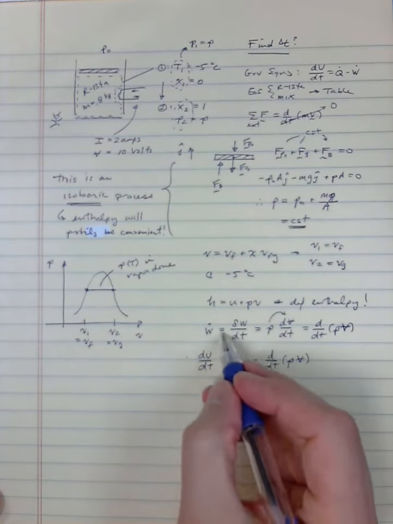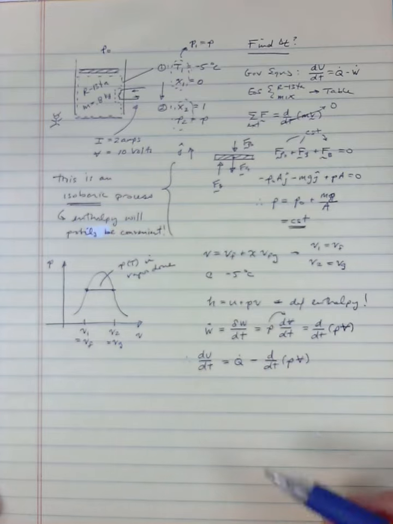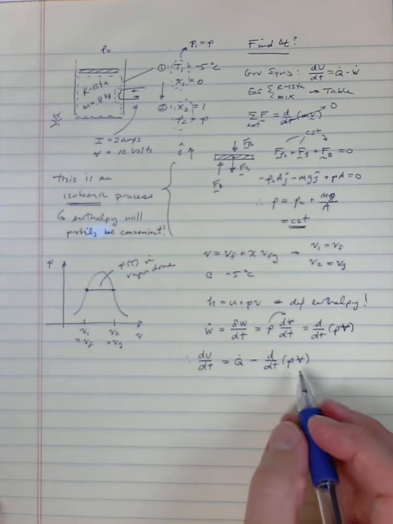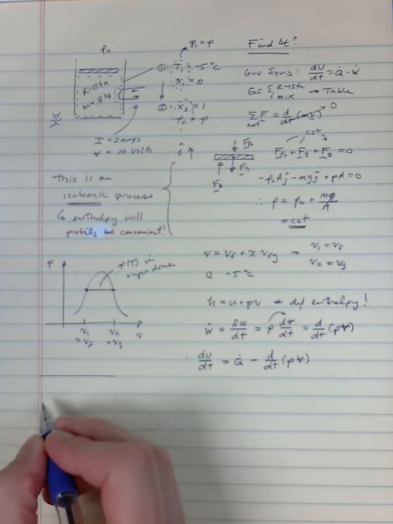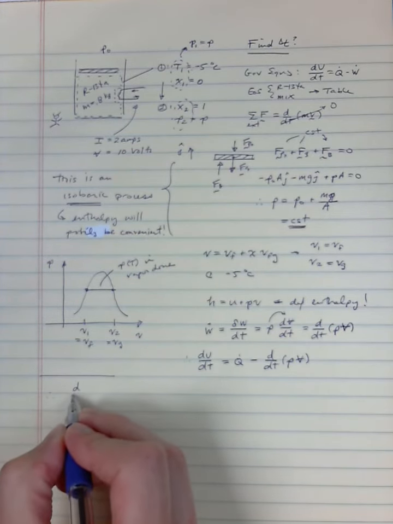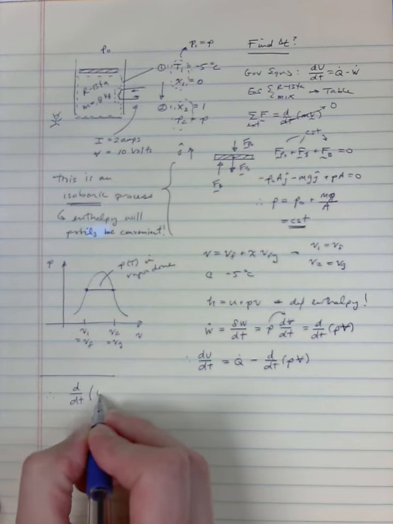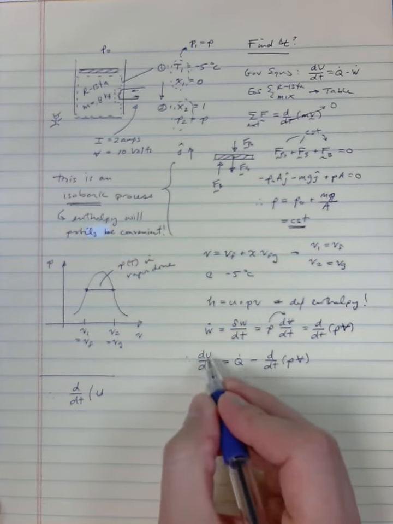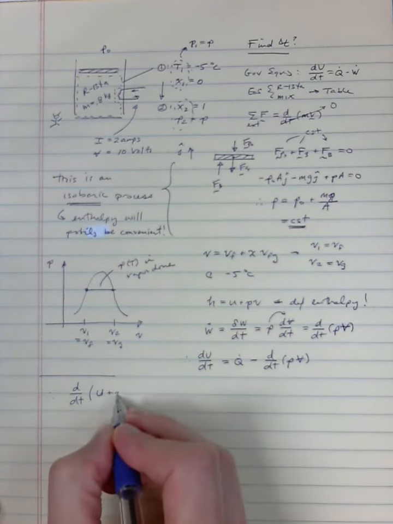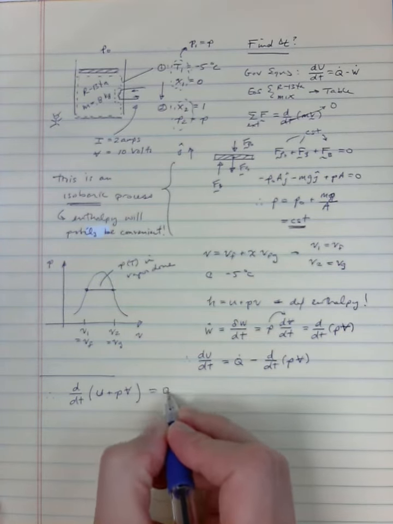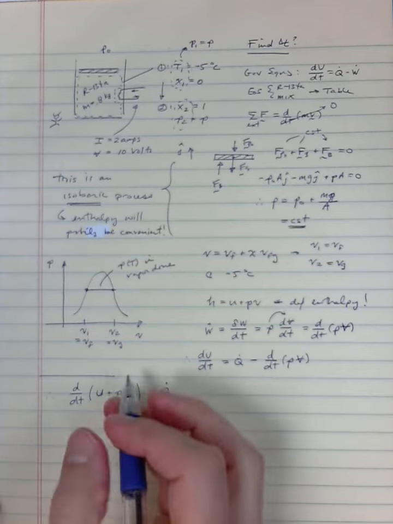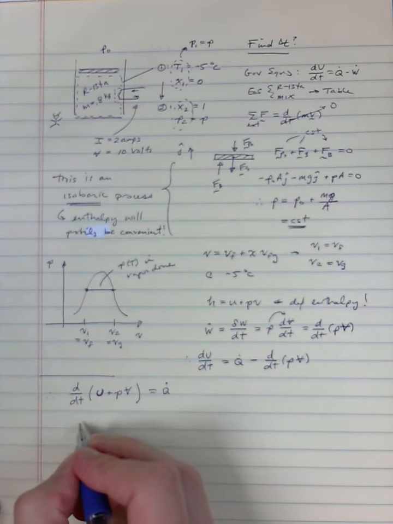So I'm just using work, the first law, and the equation of state again. Let's bring it over to the other side of the equation. I'm going to have d by dt of U plus PV equals Q dot. What is U plus PV? That's H.